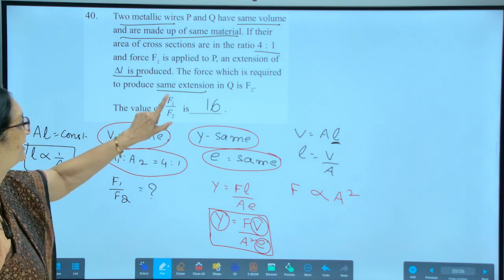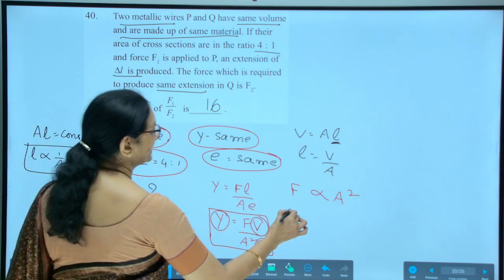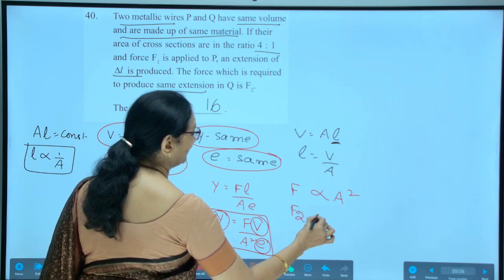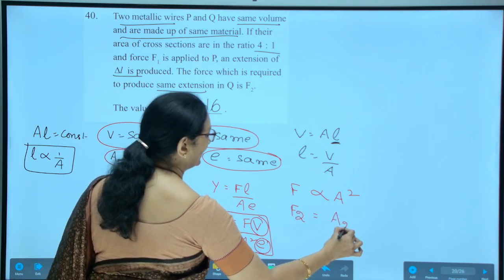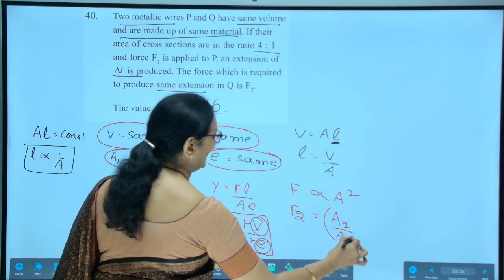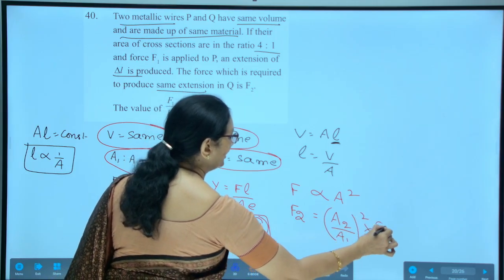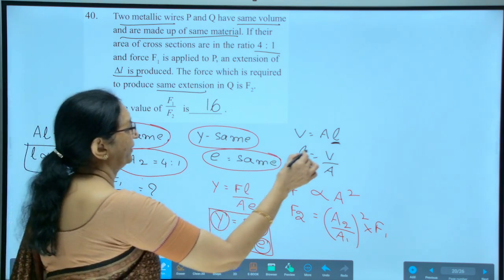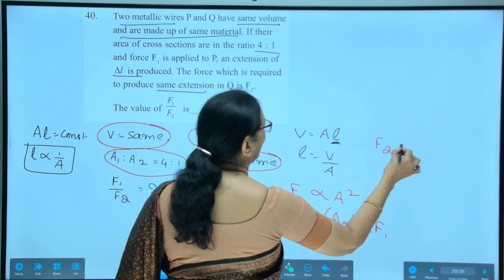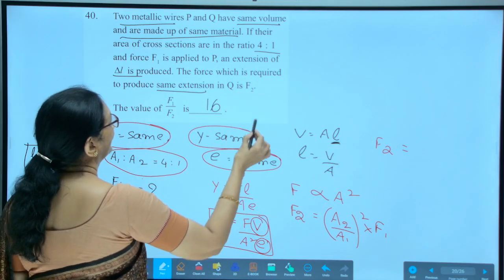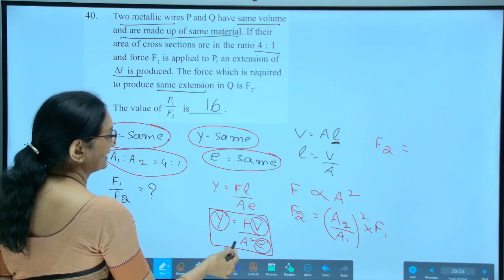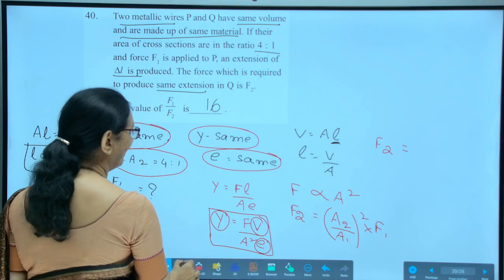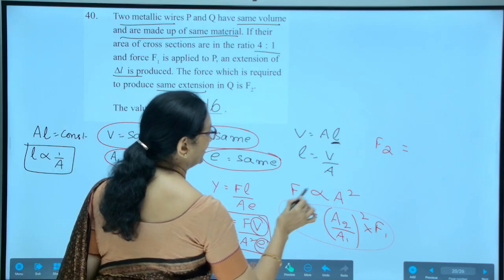So in the first wire the force is given, what is the force, the restoring force developed in the second wire? It is A2 by A1 whole square into F1, right? See here, you are asked to find the F1 by F2 ratio, not F2.